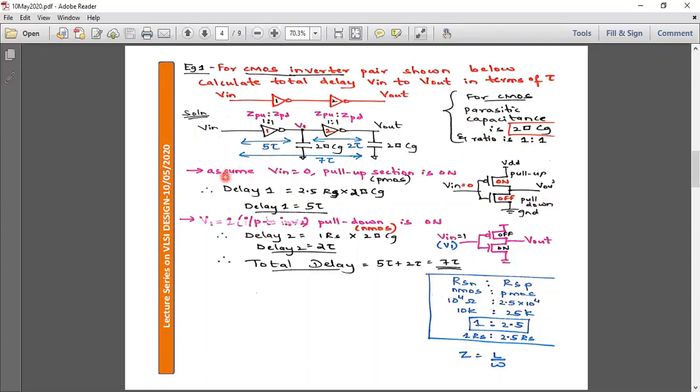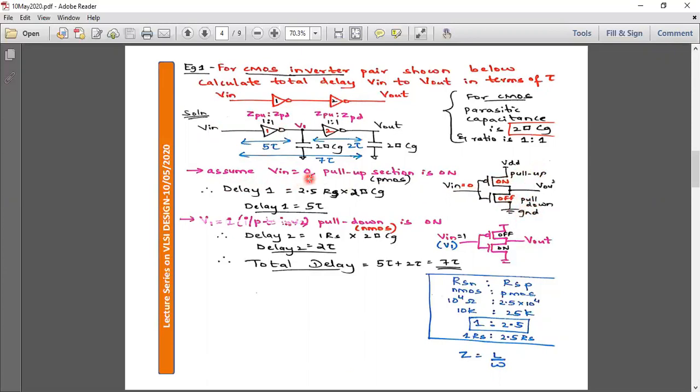Initially let us assume Vin equals 0. You can start with Vin as 0 or as 1, both are fine. I have considered Vin to be 0 initially. So if the input to inverter 1 is 0, PMOS will be on, that is, the pull-up device will be on and the pull-down device will be off.